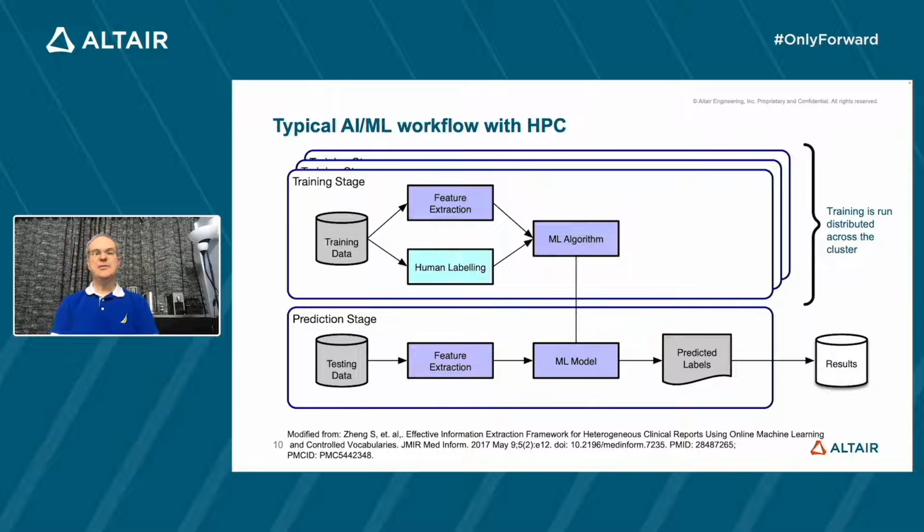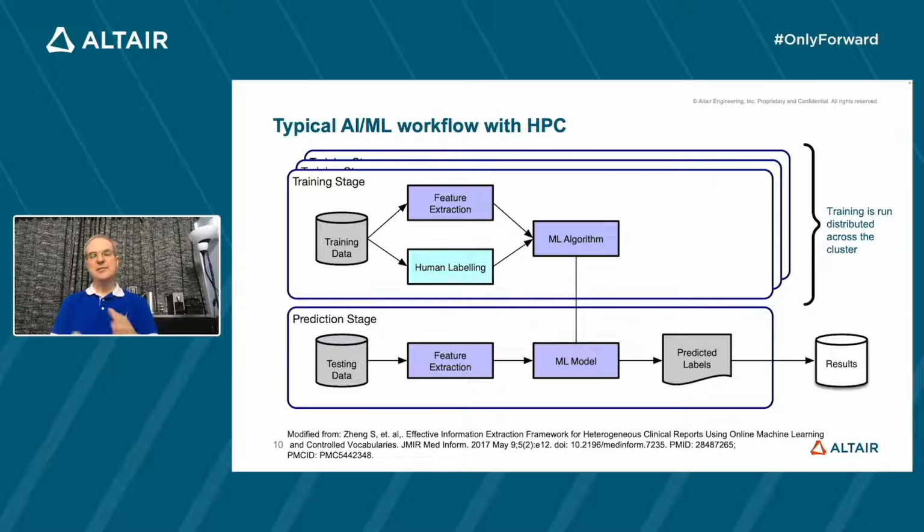So now that we know that you can use some ML algorithms, specifically the classical ones, and they fit well within HPC clusters and with our workload management solutions from Altair, what does a typical AI/ML pipeline with an HPC cluster, using something like Grid Engine or PBS Pro, look like?